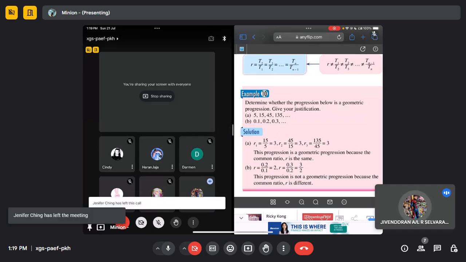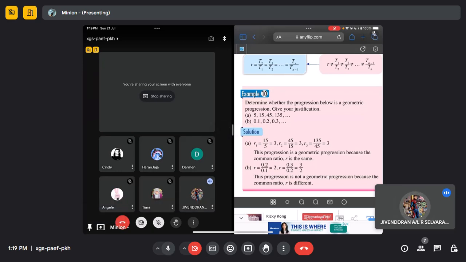So to determine if the progression is geometric progression, you see if the ratios are the same. Just as I said before, to find the common ratio you take the second term divided by the first term, which is 15 divided by 5 equals 3.